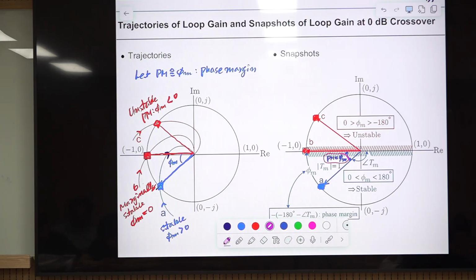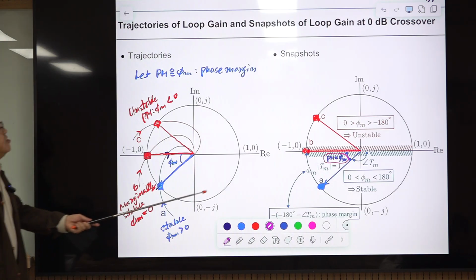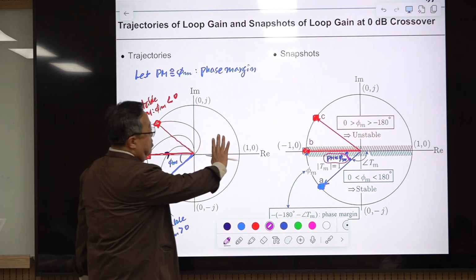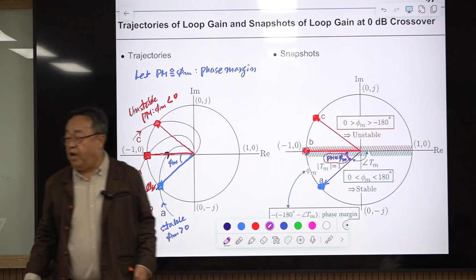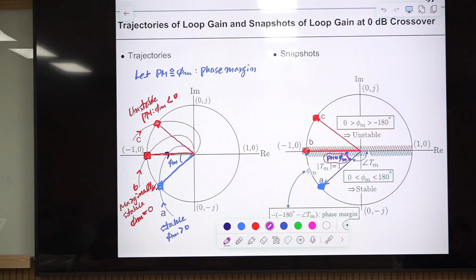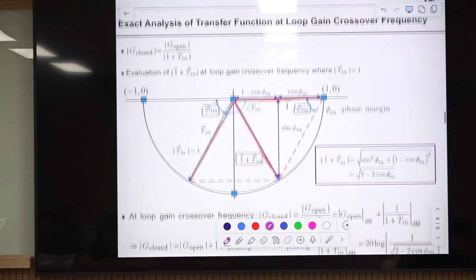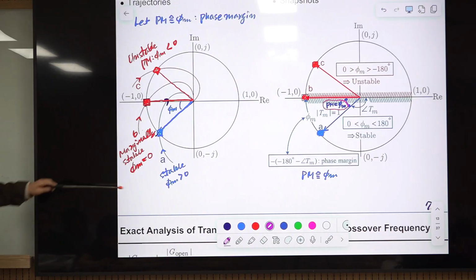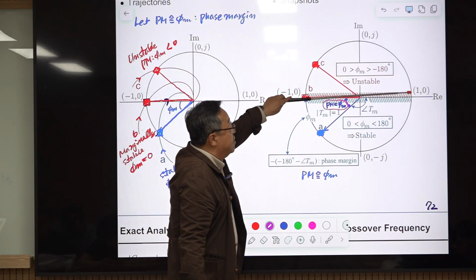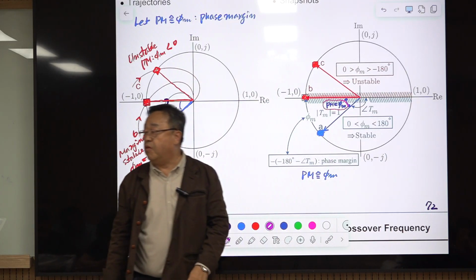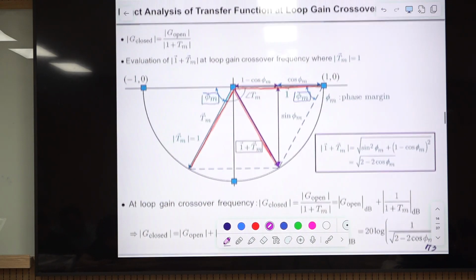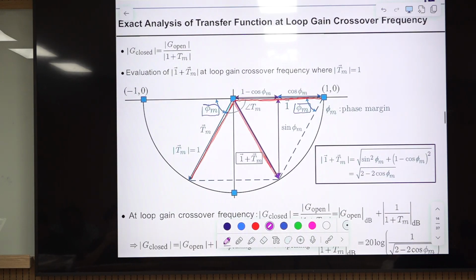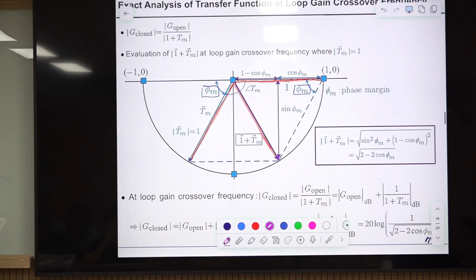All right, so drawing this is to understand the nature of the phase margin more clearly. So I have another figure shown here. Okay, so this is just a half circle. I take out this part and I'm showing only this lower half circle, as shown here. Okay, so we have this relationship. This is the exact relationship.